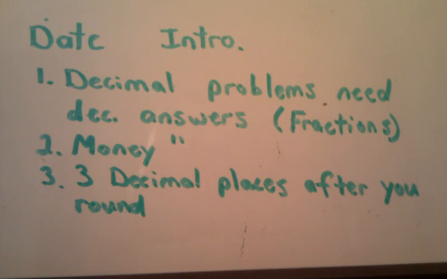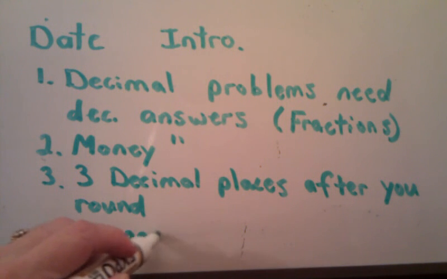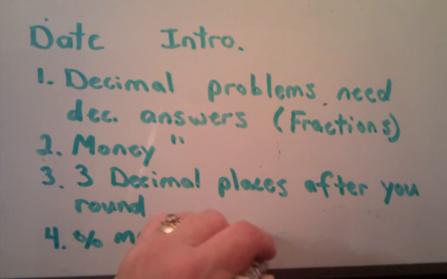So you're going to do it to 4 decimal places, then you're going to round it to 3 decimal places. Okay? And of course the exception is if it's a percent, because a percent means you only need 2 decimal places.